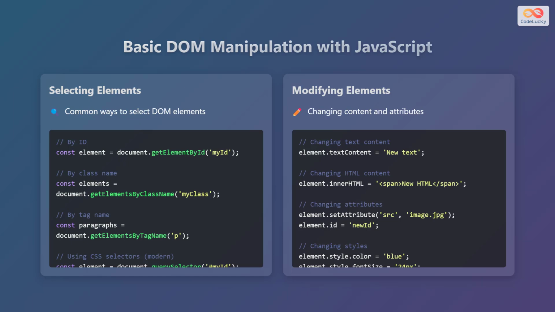Common ways to select document object model elements include using getElementById to select an element by its ID, getElementsByClassName to select all elements with a specific class name, getElementsByTagName to select all elements of a particular tag, and querySelector and querySelectorAll, which use CSS selectors to find elements. Once you've selected elements, you can modify them by changing their text content, HTML content, attributes such as source and ID, and even their styles like color and font size.